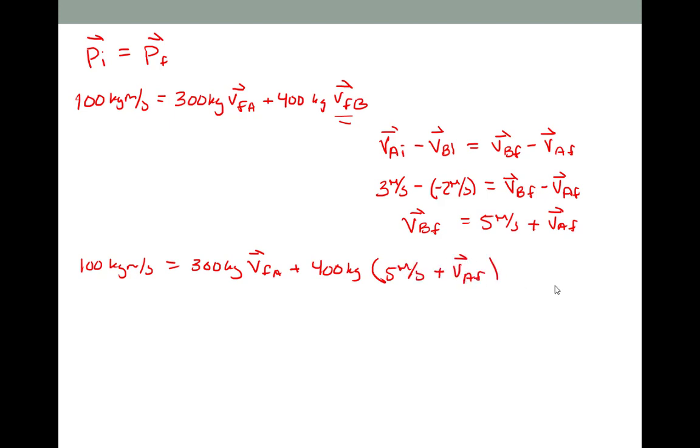Okay, notice I'm kind of switching my subscripts around a little bit. V final A and VA final are the same thing. I'm just writing them in opposite order. I now have to remove the parentheses. 400 times 5 is 2,000.